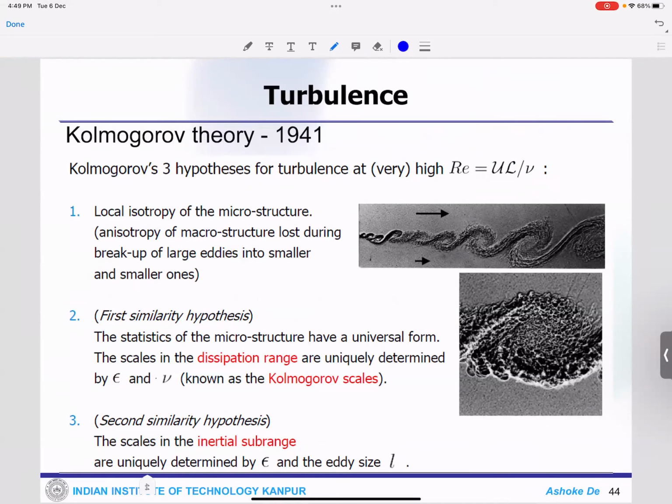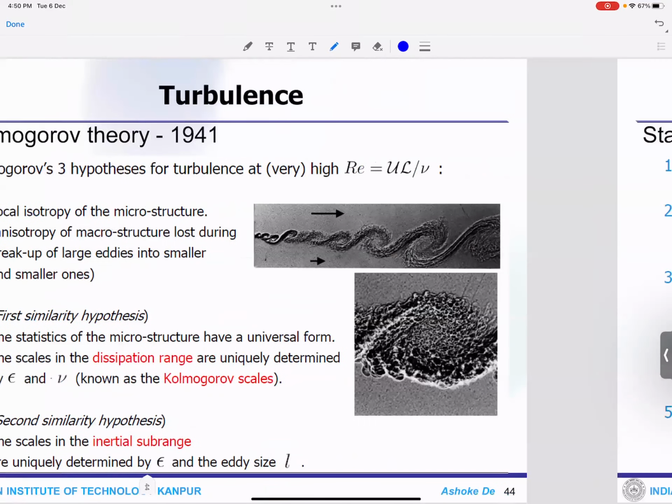Then there is the first similarity hypothesis, where the statistics of the microstructure have a universal form. That means the microstructures are going to be more universal in nature. And the third, the second similarity hypothesis, is that scales in the inertial subrange are uniquely determined by the dissipation, epsilon, and the size of the eddy, L. So these are the famous hypotheses proposed by Kolmogorov.